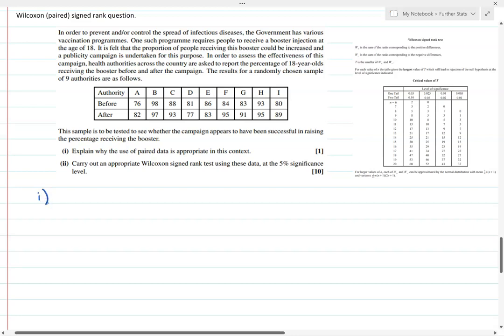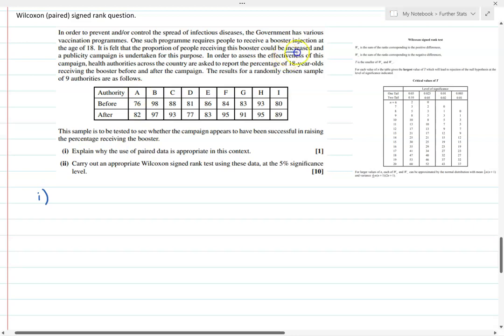It's about a booster campaign and the effectiveness of a booster campaign before and after some publicity is undertaken. If you look at them, most of them, not all of them, have increased. And that's what the hypothesis is as well.